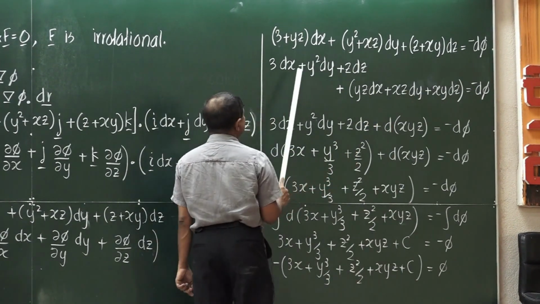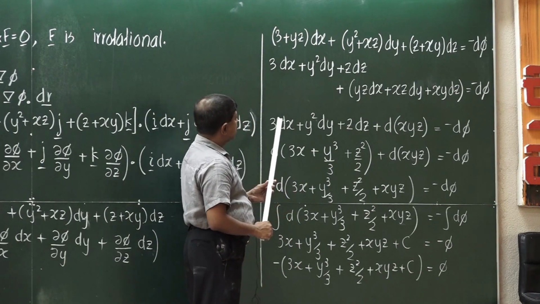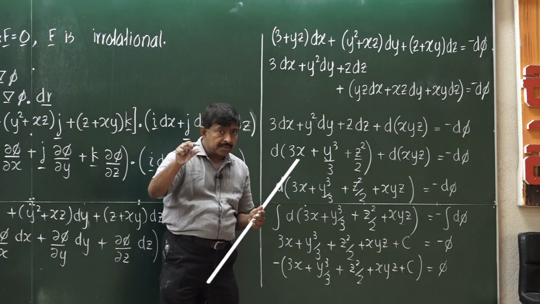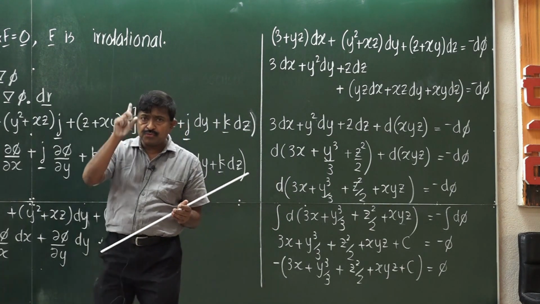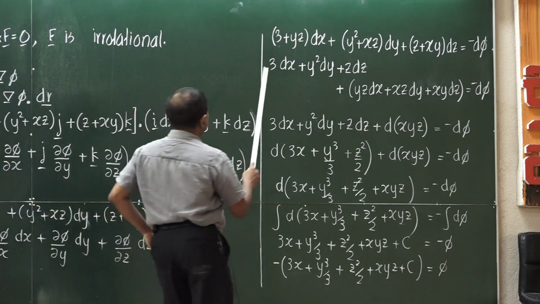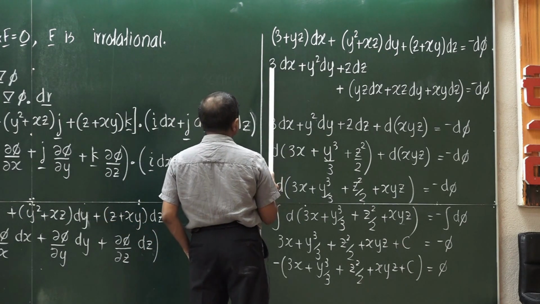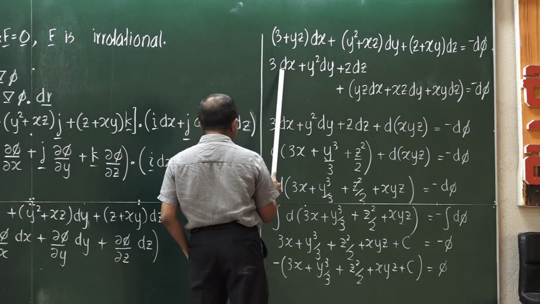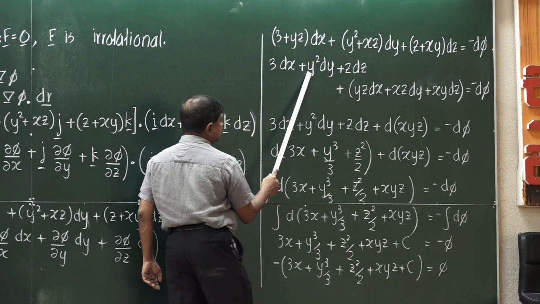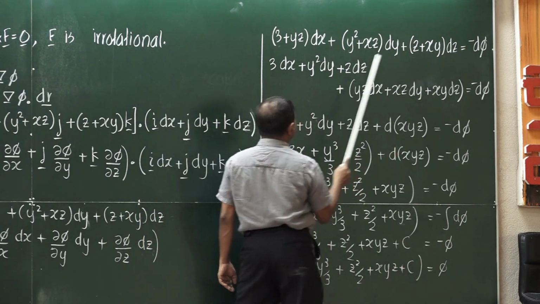Now, this is a tricky part. You gather the terms consisting of one variable only. Now, look, 3 times dx consists only of x. y squared times dy contains only y, z times dz contains only z.